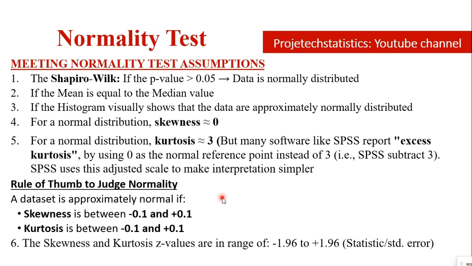So as you can see, all our 6 points here for the normality test have been consistent. For any analysis you are doing, to test your normality, you have to conduct all these tests, and most of the time you will get a consistent result for you to really know whether your data is normally or not normally distributed.